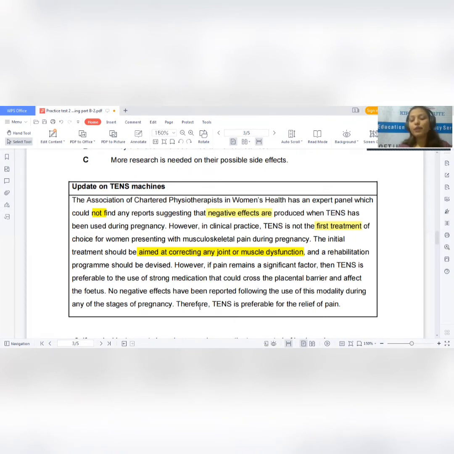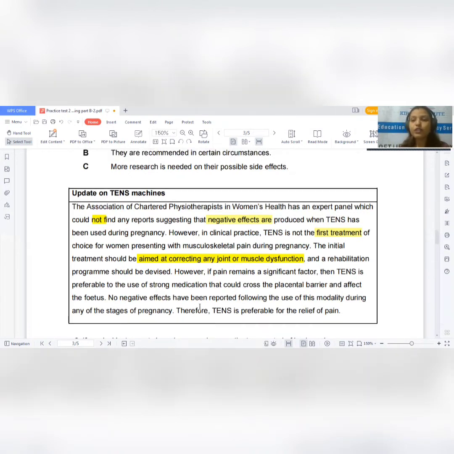Therefore, TENS is preferable for the relief of pain. So on one hand, I'm finding all the positives of using a TENS machine on a pregnant lady. Lastly, they say that no negative effects have been reported, so it is safe. However, initially the writer said that it should not be the first choice of treatment. That we should keep in mind.